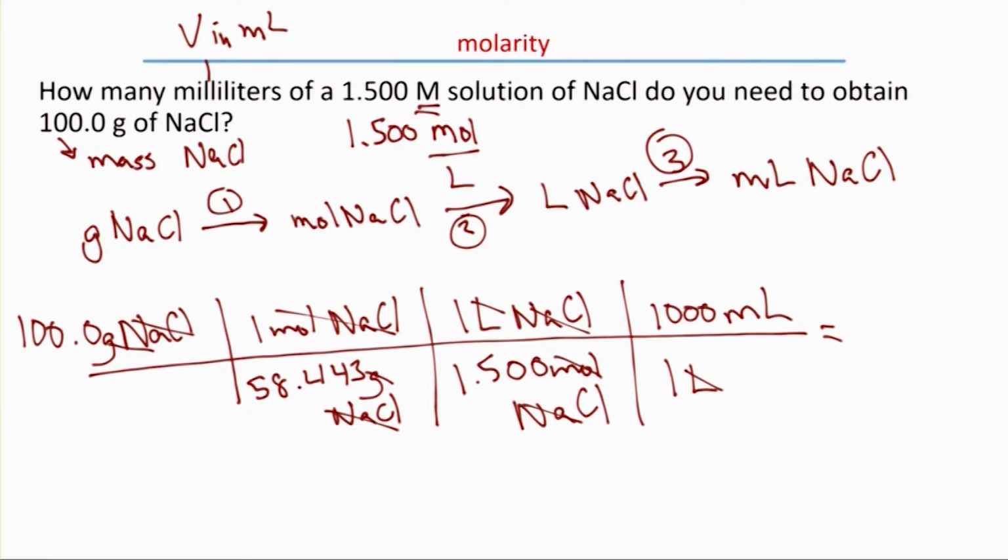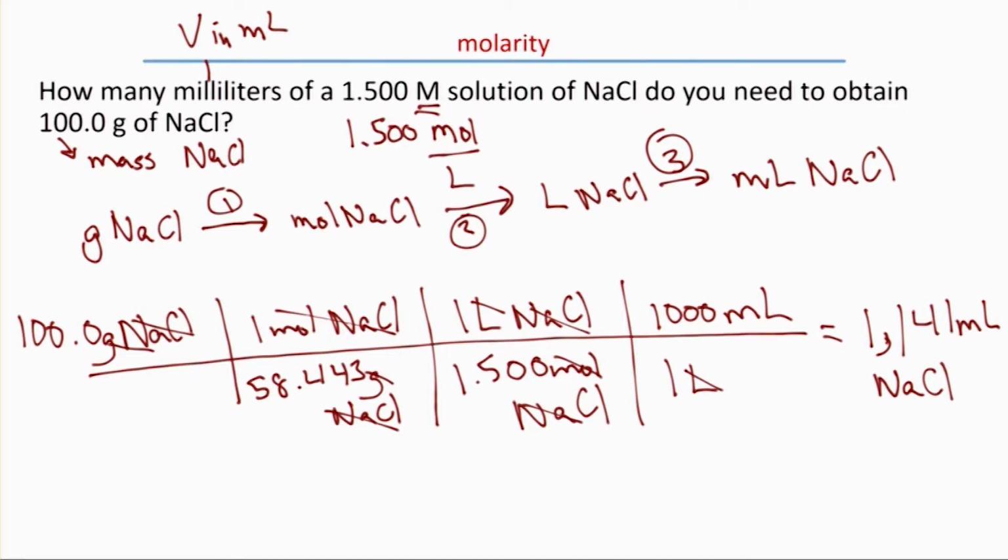And when I get this on my calculator, I have 1,141 milliliters of NaCl. So in order to get 100 grams of sodium chloride in a solution that is 1.5 molar, I need to get 1,141 milliliters of that sodium chloride.